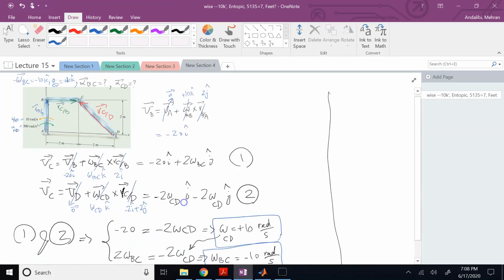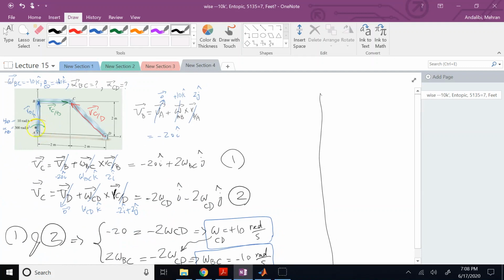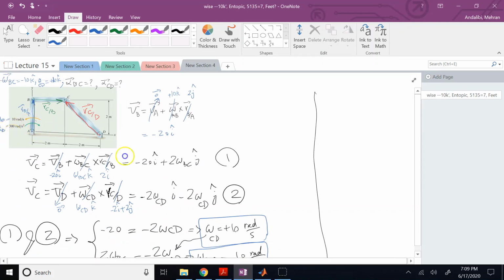So now again, I relate my accelerations. I start from the member I know something about, which is alpha AB, and go to the members I don't know.